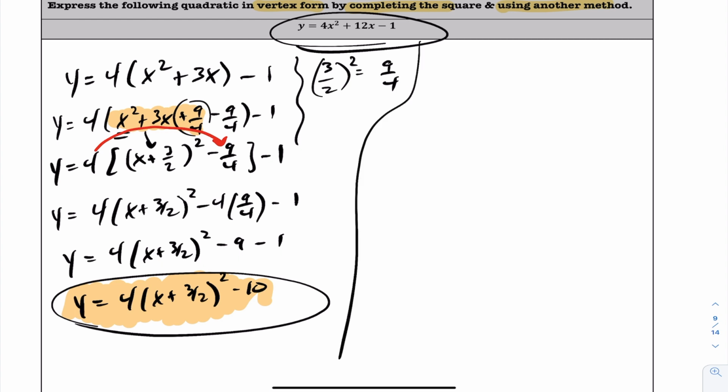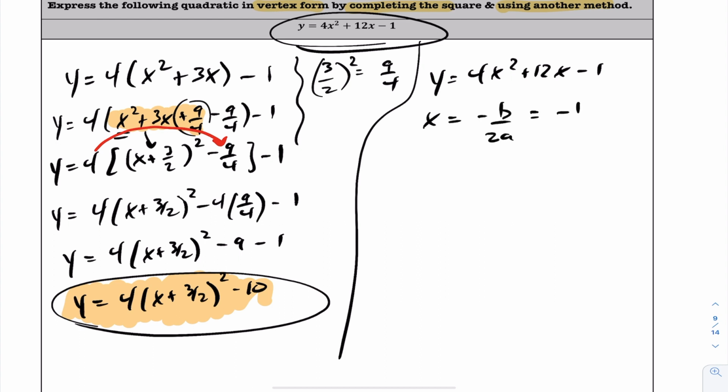Another option to completing the square is when I have a quadratic in standard form, and we know that the x-coordinate of the vertex occurs at negative b over 2a, which means in this case it'd be negative 12 over 2 times 4, and that's going to be negative 12 over 8, which is negative 3 over 2. So now that I have the x-coordinate of my vertex, I can sub it back into my equation.